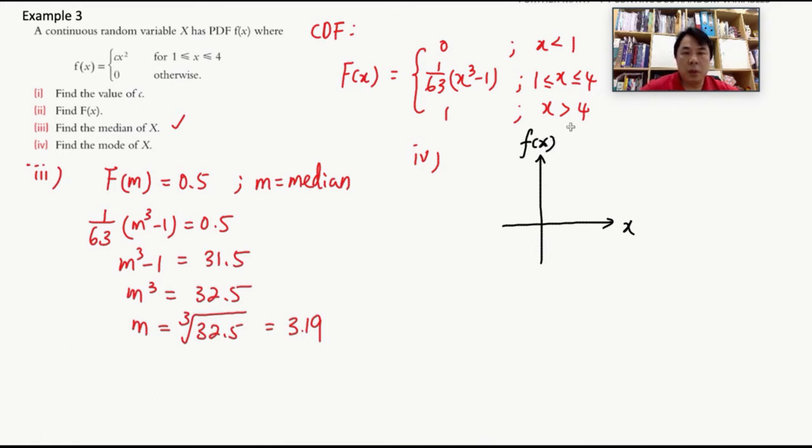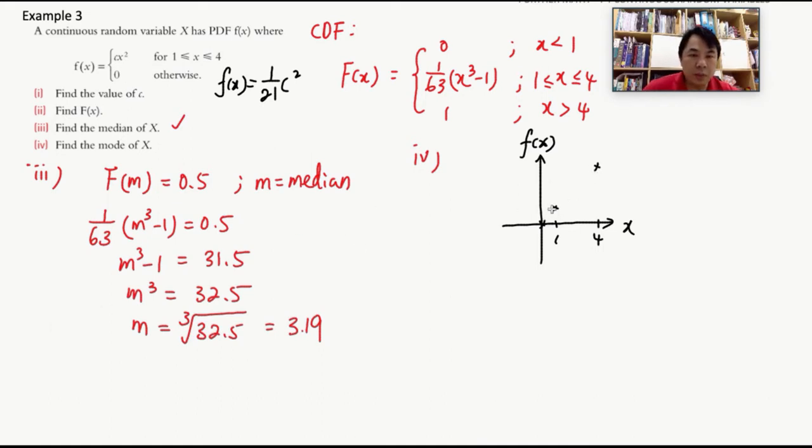Now we know that the function is given as f(x) equal to x squared over 21. Because the domain is set at 1 and 4 here, at 1 it must be 1 over 21, so somewhere here, and then at 4 it must be 16 over 21, so it should be somewhere here.